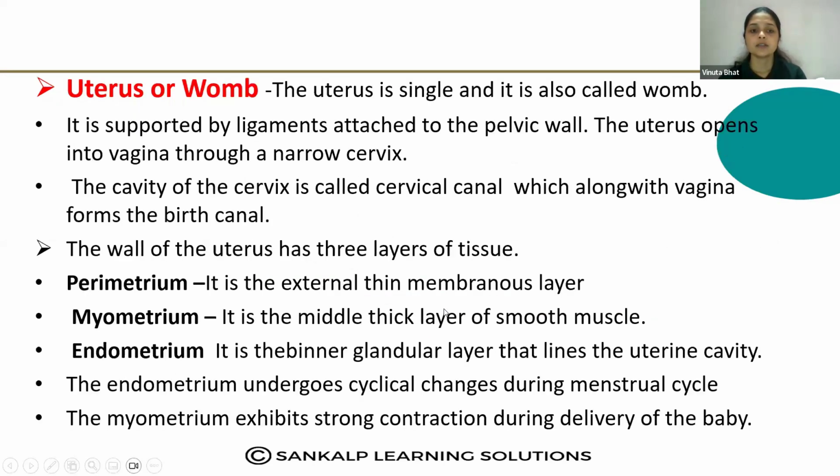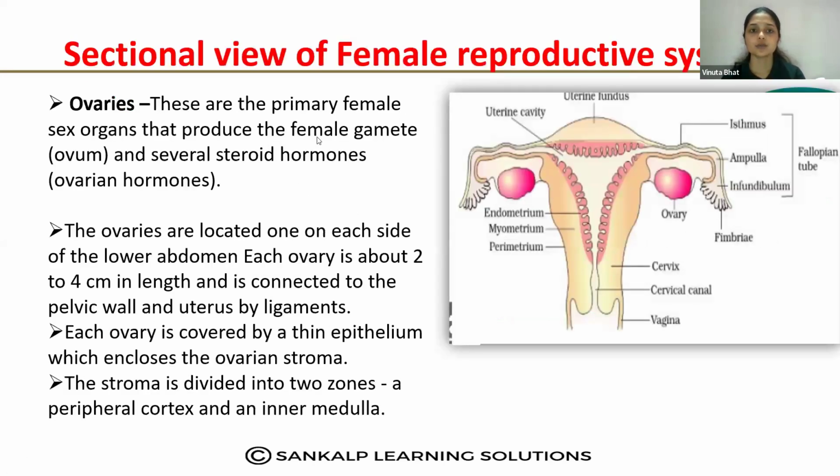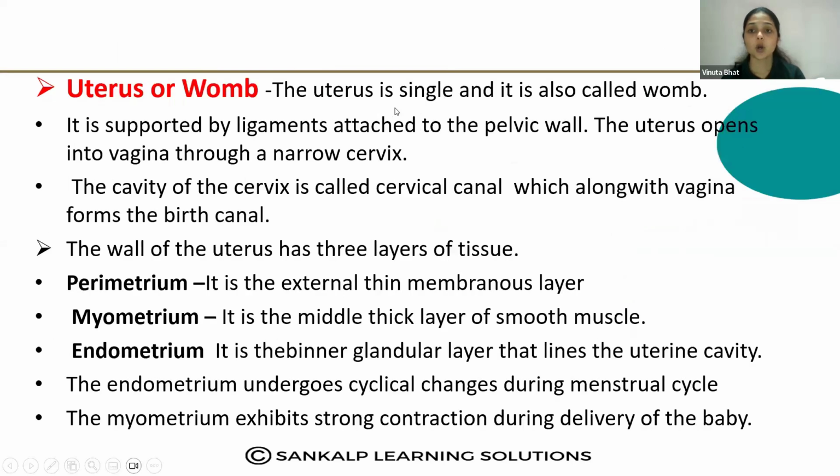Then the uterus or the womb. This is the ovary and these are the fallopian tubes, and this important region is the uterus. The uterus, also called the womb, looks like an inverted pear.